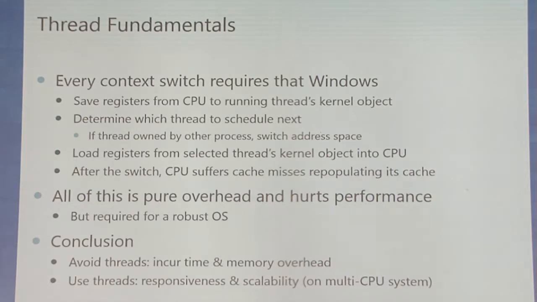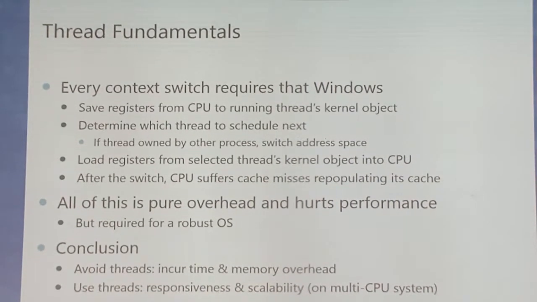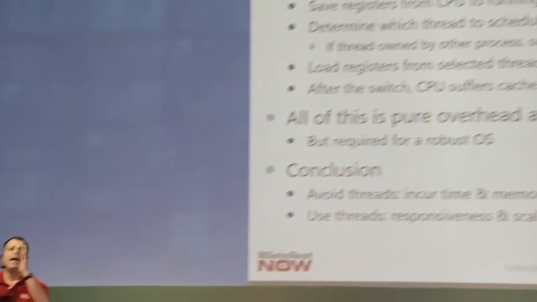So if you are running on a computer with multiple CPUs, and today most likely you are, then Windows does have the ability to put one thread on one CPU, another thread on the other CPU, and then they can run simultaneously. And this allows you to get a performance improvement because now, and only now, you're able to use threads.